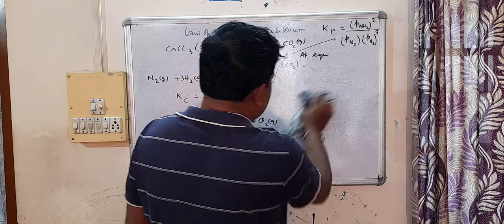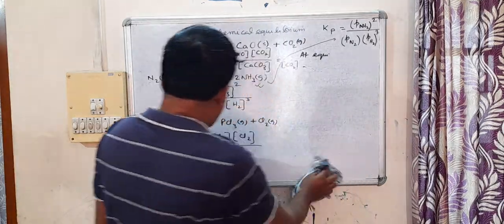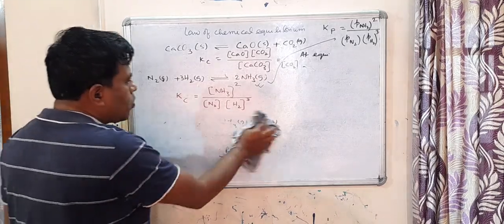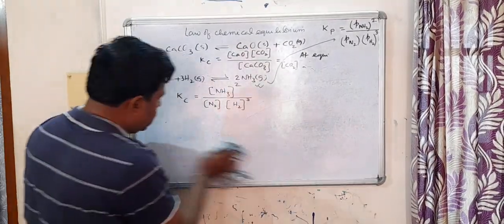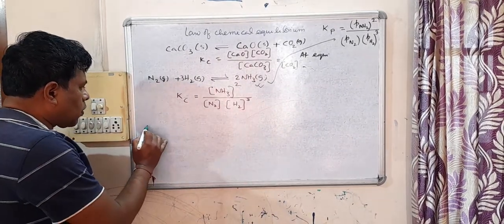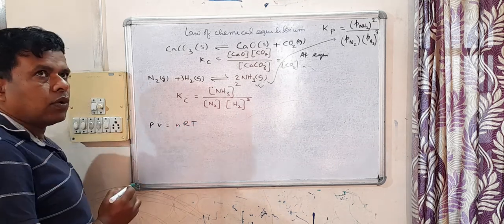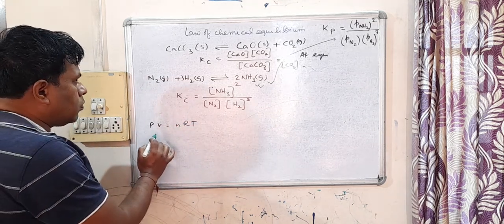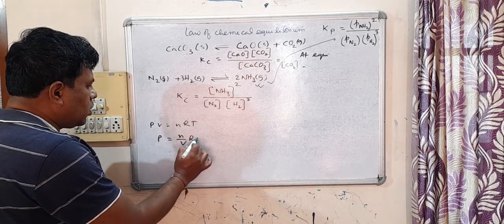Since we know the ideal gas equation, that is PV equal to nRT, we write P is equal to n by V times RT.